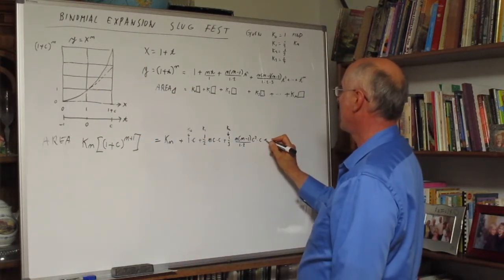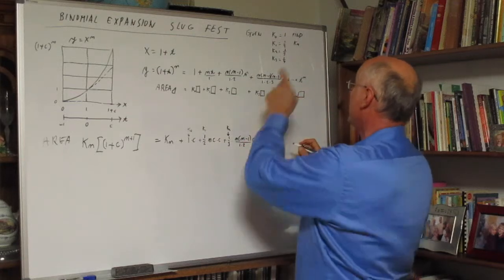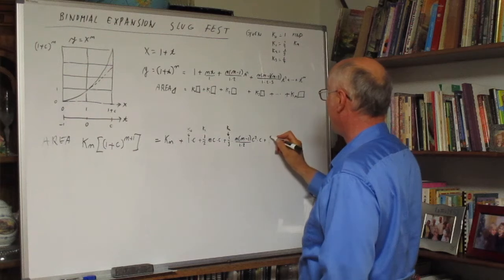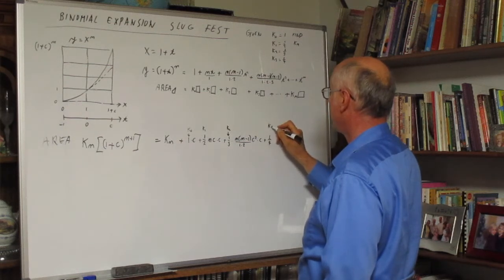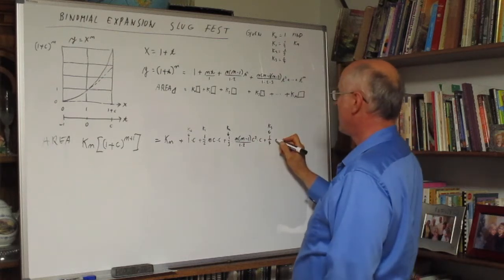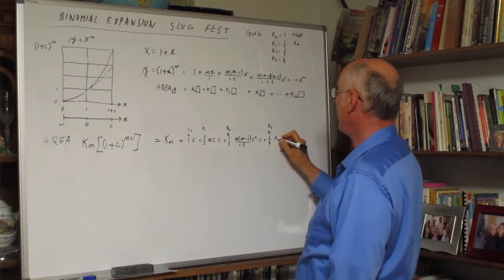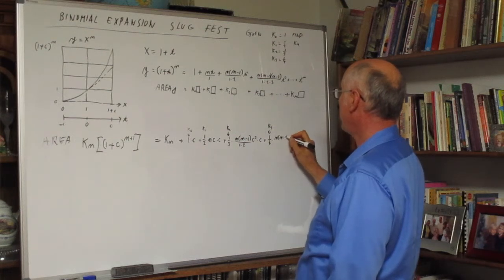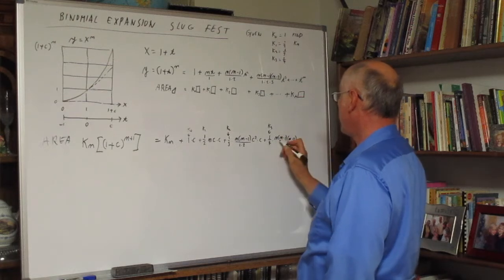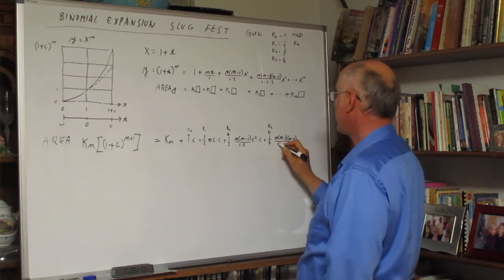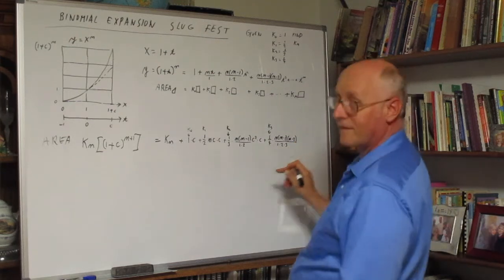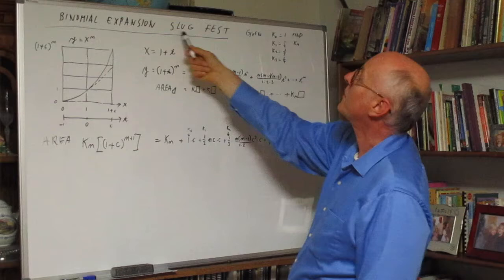Plus, we're going to do our cubic. Cubic is going to be 1/4, right? K3, which we already know, times n minus 1, n minus 2. See how it's decreasing here? And then the factorial is increasing. 1 times 2 times 3. Whew. No wonder I'm calling it a Binomial Expansion Slug Fest.